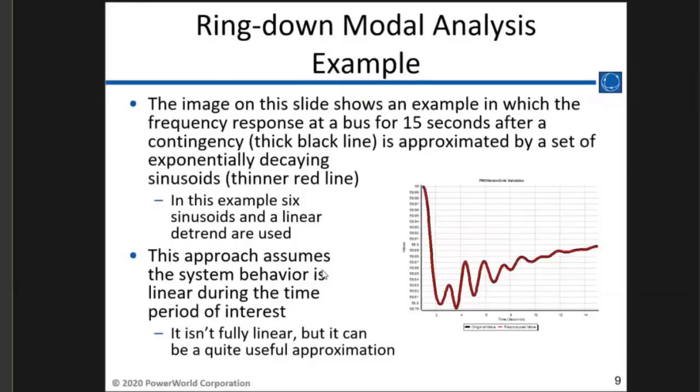Here I've shown it in red. The graph shows that we can do this pretty well. If the black and the red line are on top of each other, we're doing pretty good. And in this example, it took 6 sinusoidals to match the response of that waveform.